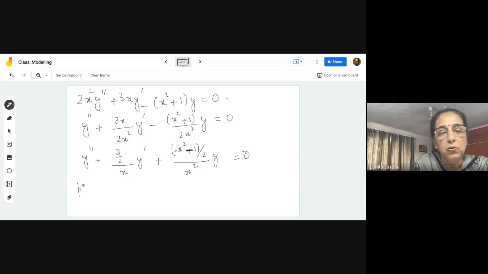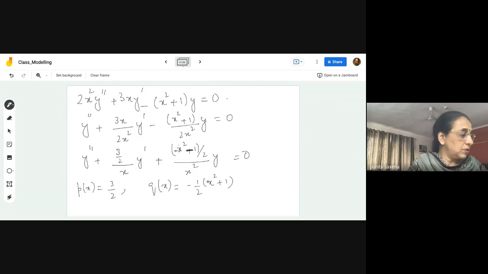Now your p(x) is 3 by 2 and your q(x) is minus half into x squared plus 1. Am I right or wrong? Just correct me if I'm wrong.